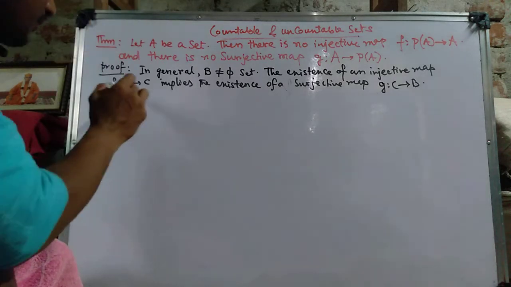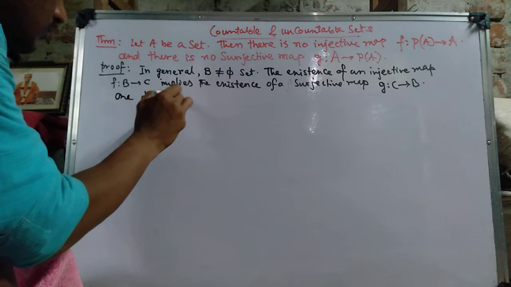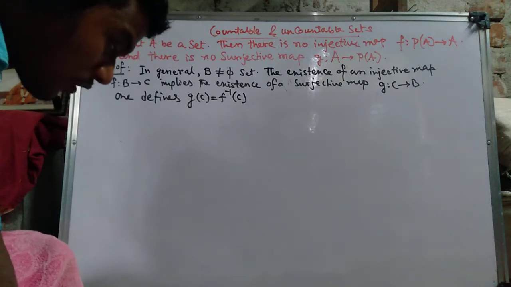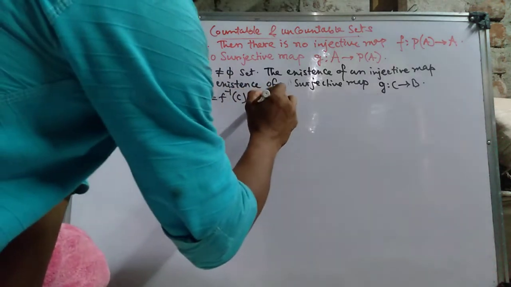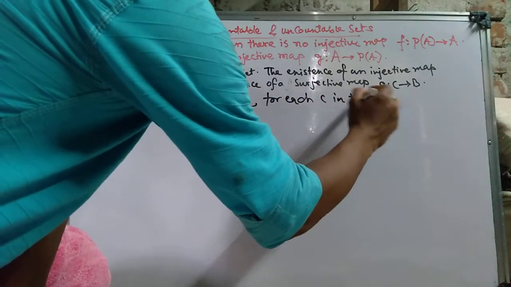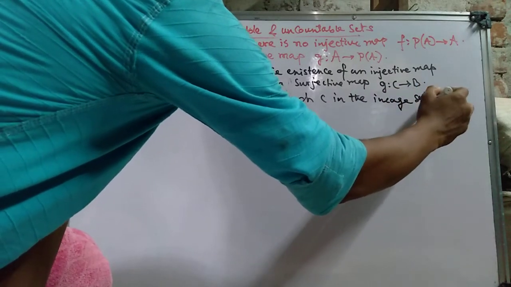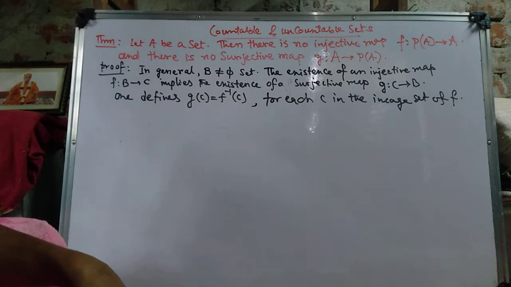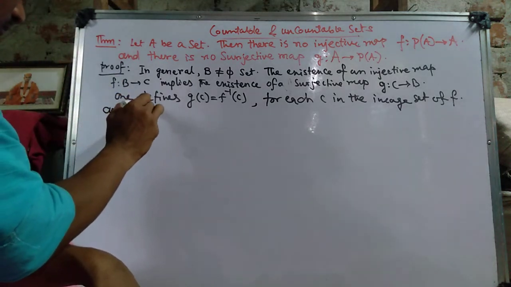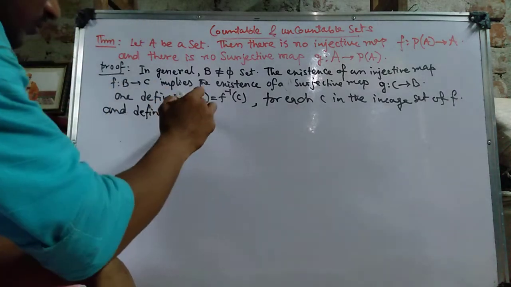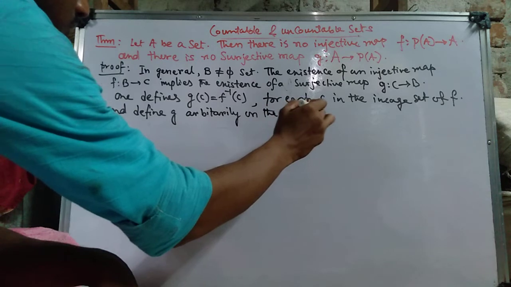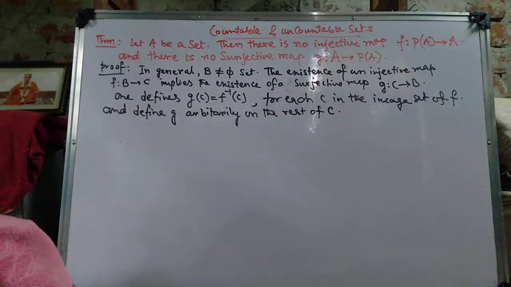One defines G(c) equal to f inverse of c for each c in the image set of f, and defines G arbitrarily on the rest of C. In general, let B be a non-empty set.